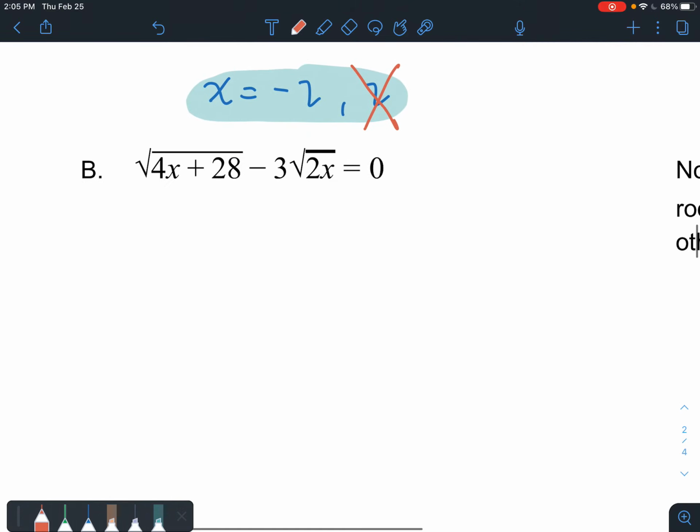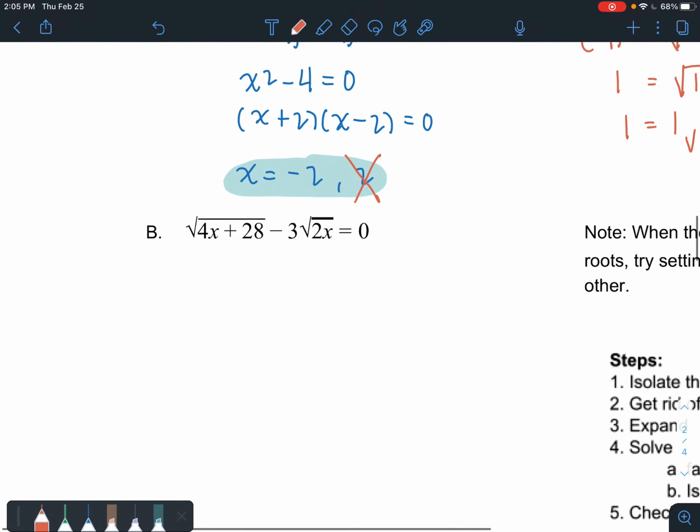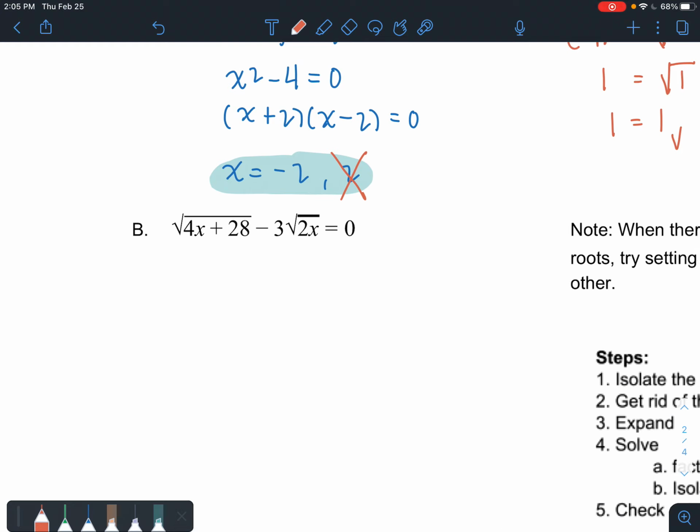Finally, our last example here. When we have square roots like this, what we can do is set the roots equal to each other. So add 3 radical 2x to both sides. Now I have square root of 4x plus 28 equals 3 radical 2x.